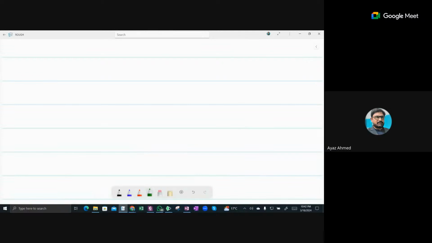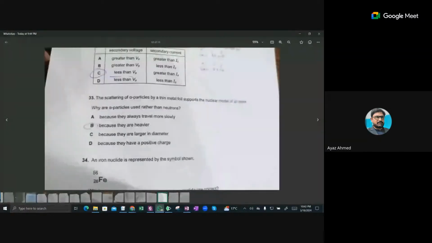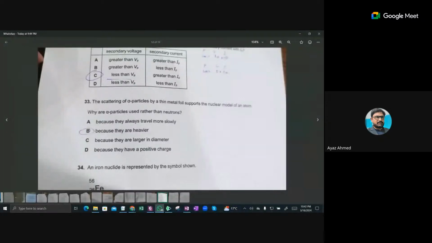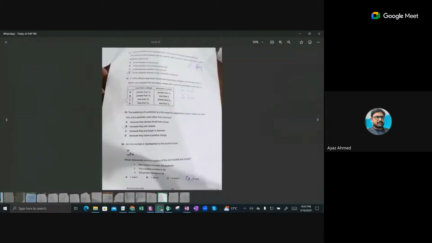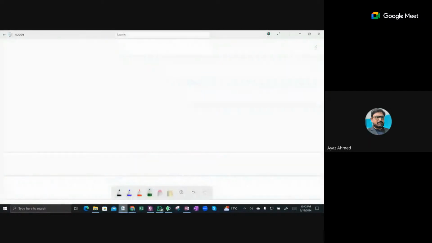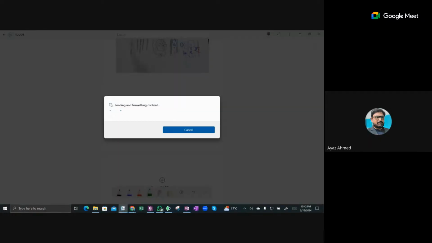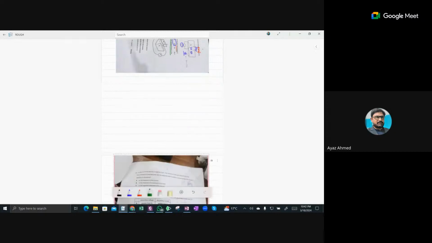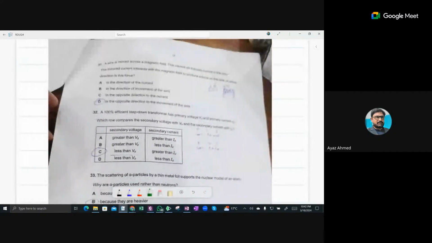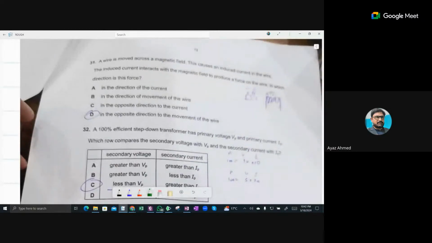Okay, the next question. A wire is moved across a magnetic field.